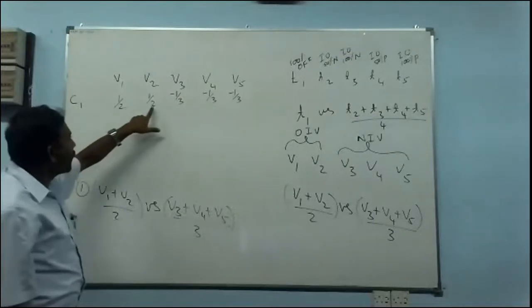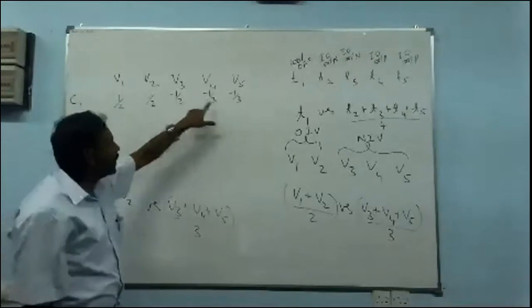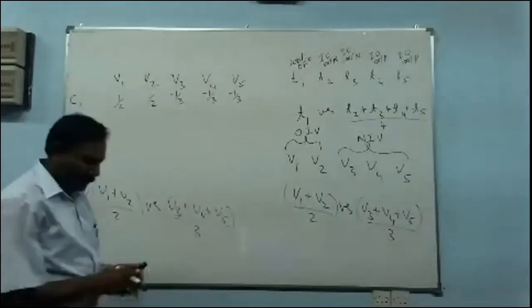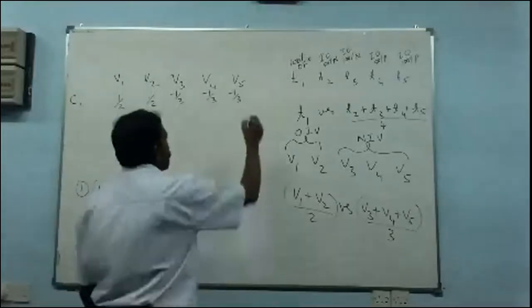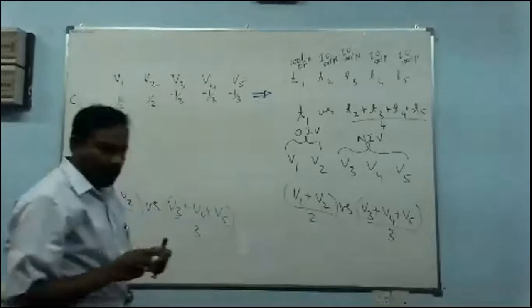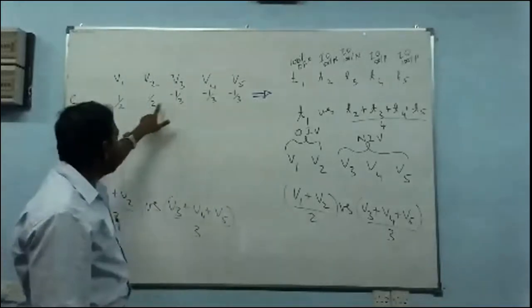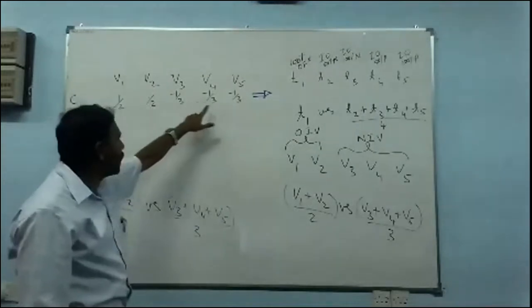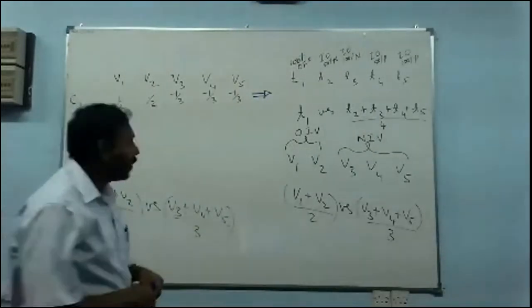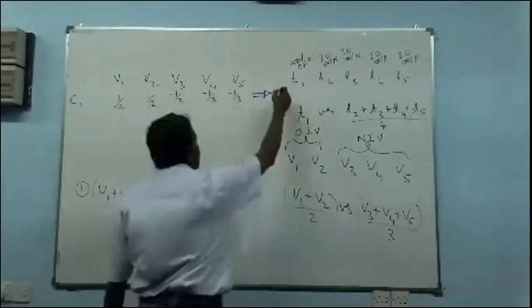What is the value if you add all these? Half plus minus 1/3 plus minus 1/3 plus minus 1/3. What is the total value? Yeah, 0.